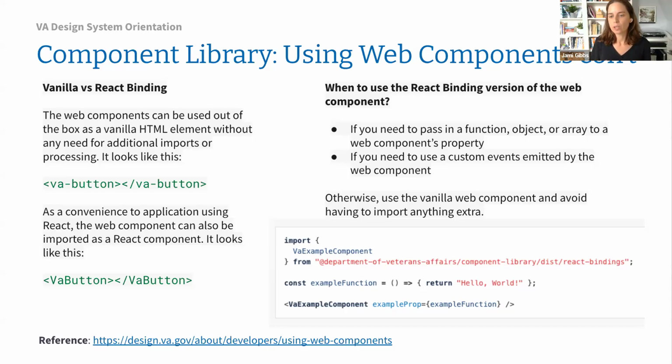At a high level though, generally if you need to add a callback function to an event that the component is emitting, or if you need to pass some sort of complicated data structure into a component's property, like an object or an array, we recommend using the React binding version as a convenience. Otherwise, you would need to use extra JavaScript in order for those types of things to work in the vanilla web component version.